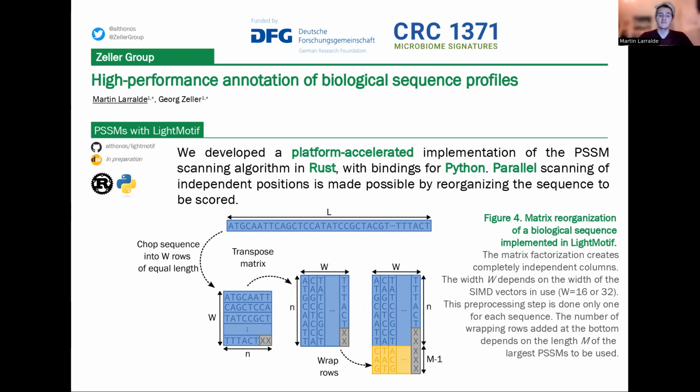So basically, instead of keeping a sequence to be scored in a linear fashion, we reorganize this sequence into a matrix format, where each column of the matrix follows itself sequentially, and this allows each row of the matrix to be linearly independent.